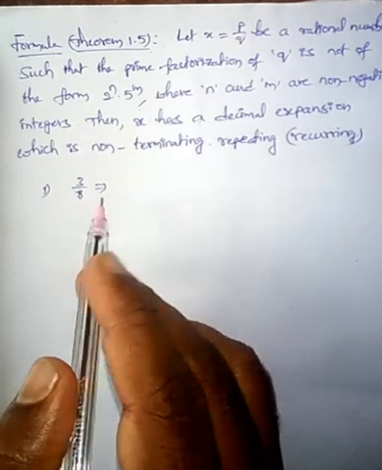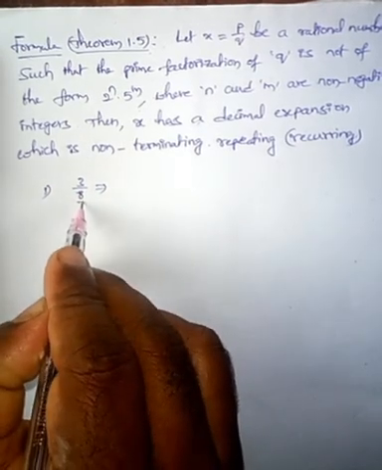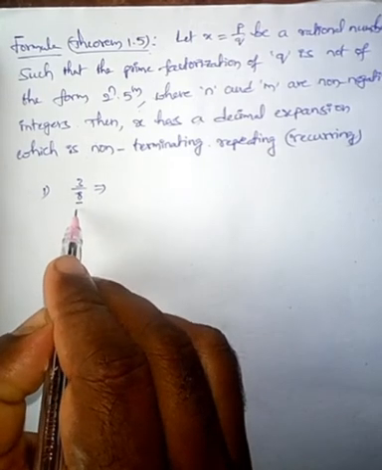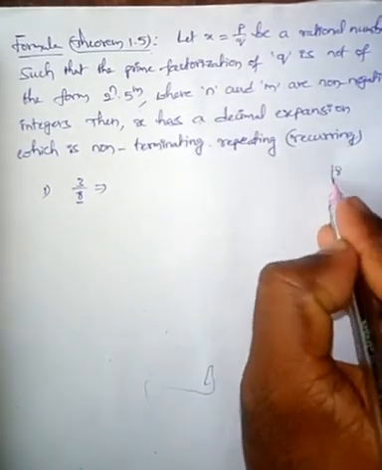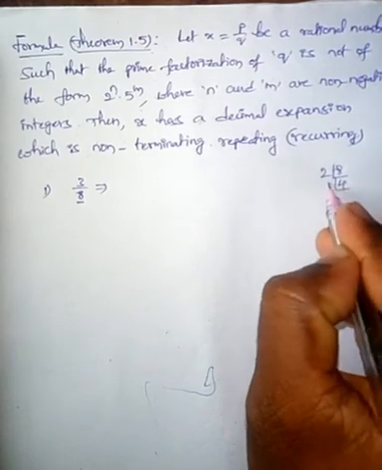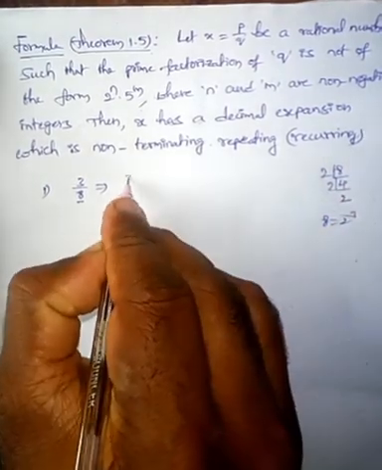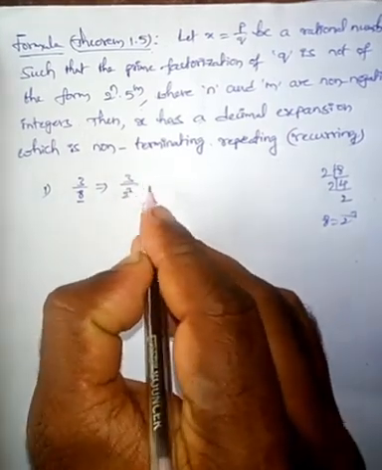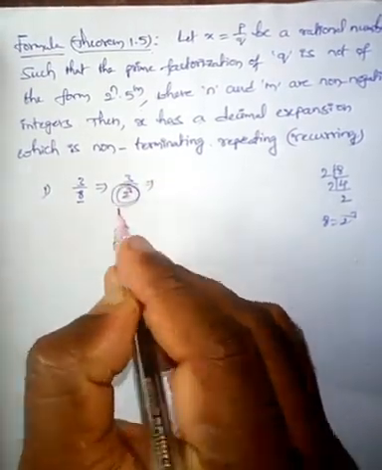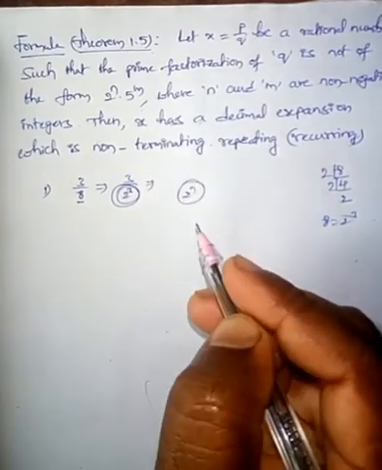So here q is 8. What will be the prime factorization of 8? 2 fours are 8, 2 twos are 4. So 8 equal to 2 cube. 3 by 2 cube. That means the denominator is in the form of 2 power n.